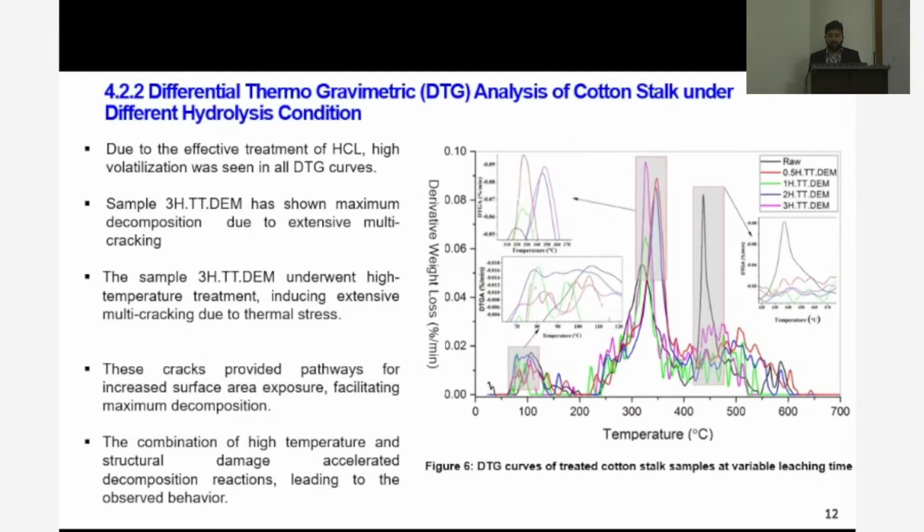This is the DTG analysis of the cotton stalk sample. It represents the thermal cracking, where energy is released for practical purposes. The sample that has gone through higher acidification has shown multiple thermal cracking stages, due to which more energy has been released.